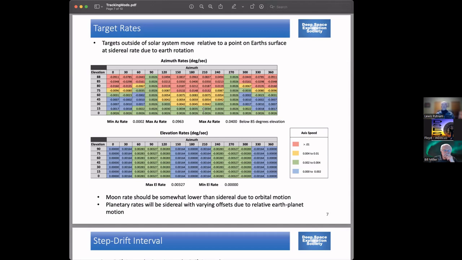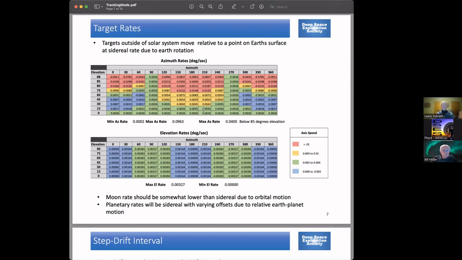And then along the meridian, 180 and 0, the rates are the lowest. And that really is because it rises in the east, and so it's going up, and then as it crosses the meridian, it's 0 and then starts going back down. So that really explains why.